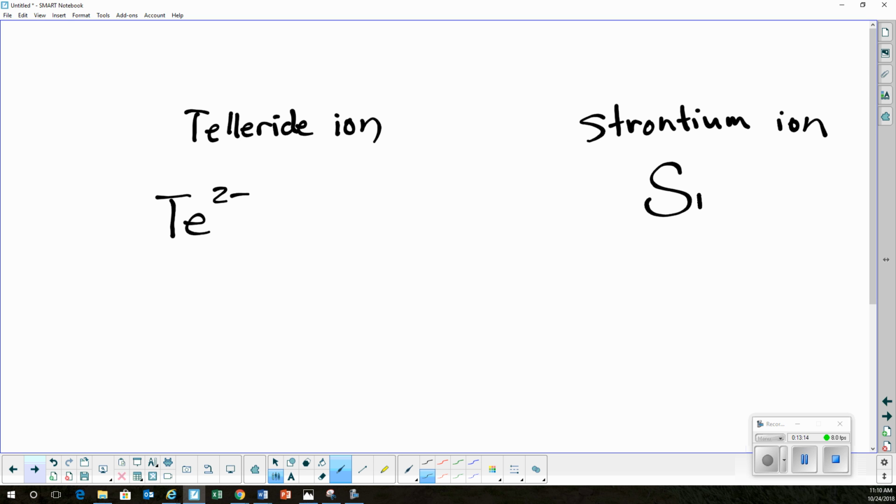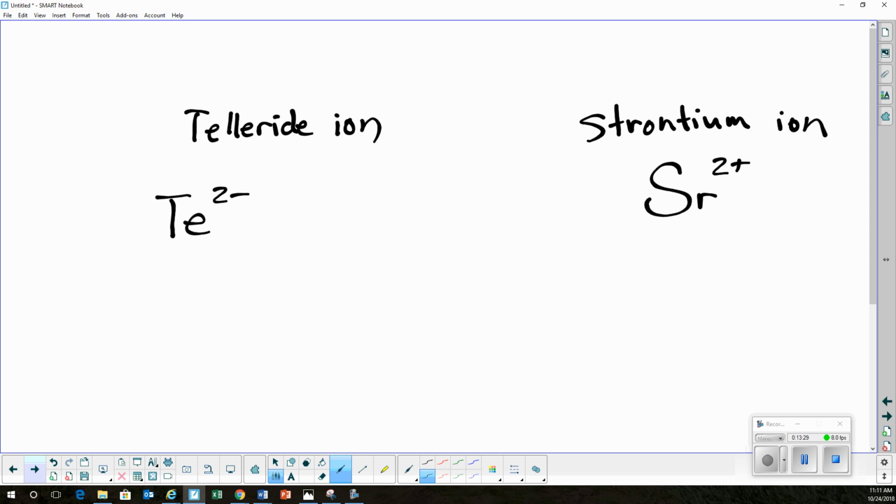So strontium is Sr, and it only has 2 in its outer shell, so we're going to get rid of those so it can become like the noble gas below it, so it is 2 plus. So given any name, you should be able to give me what charge it might take.